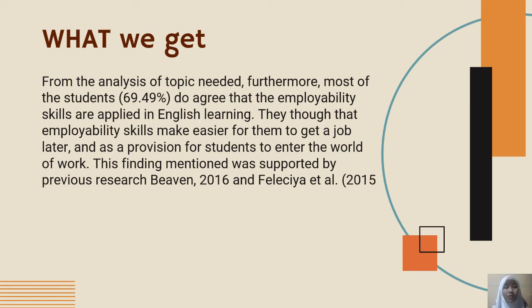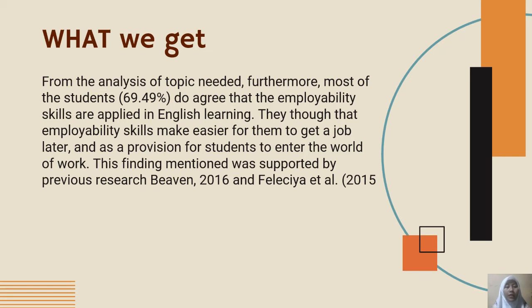Furthermore, most students do agree that the employability skills are applied in English learning. They thought that employability skills make it easier for them to get a job later, and as a preparation for students to enter the world of work.